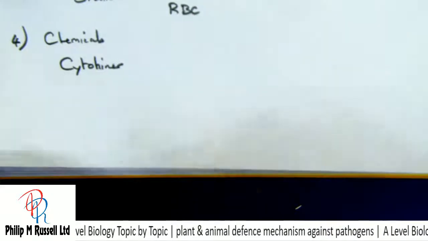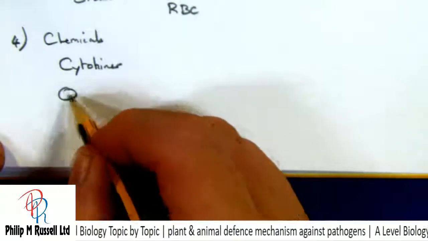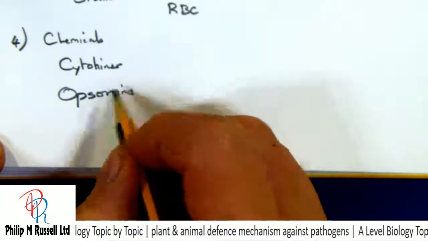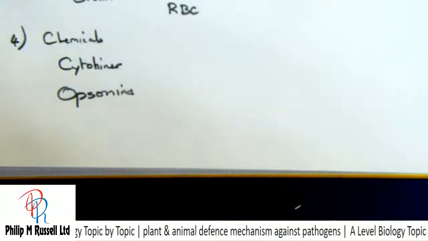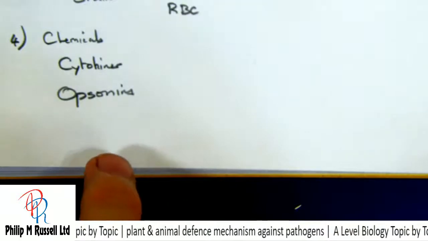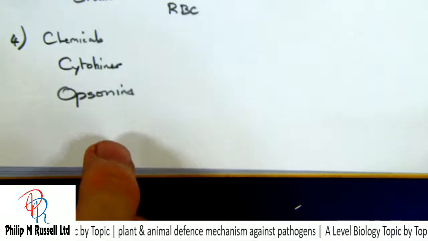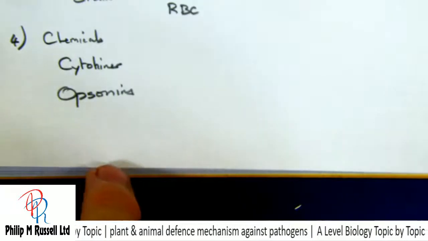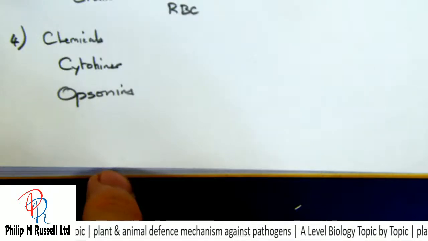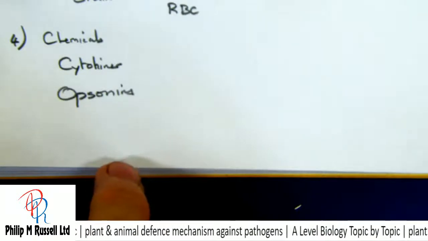And we've also got some opsonins. These are chemicals that bind to the pathogens and tag them so they're more easily recognized by the phagocytes, and then these phagocytes can engulf them more easily.